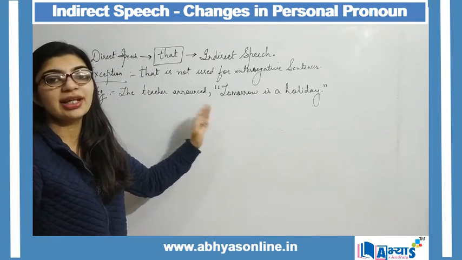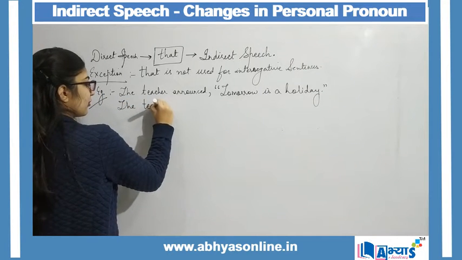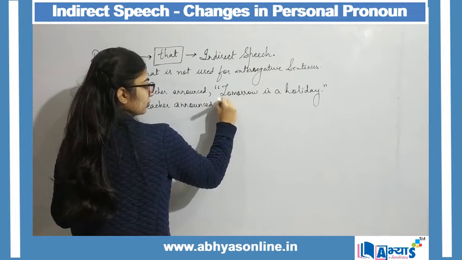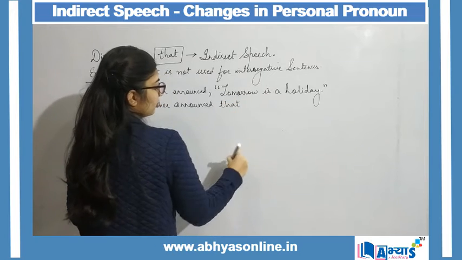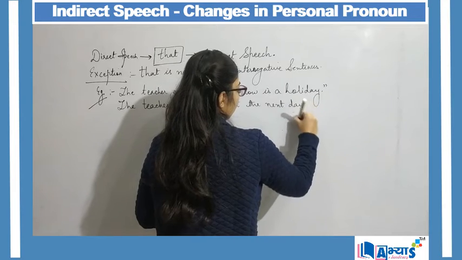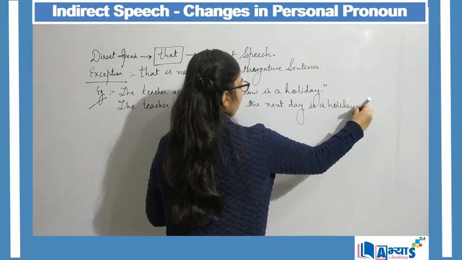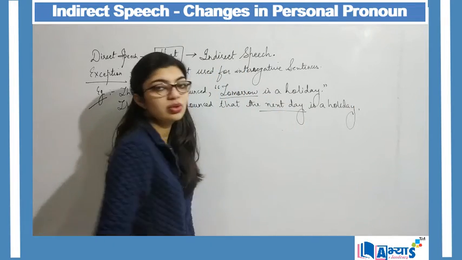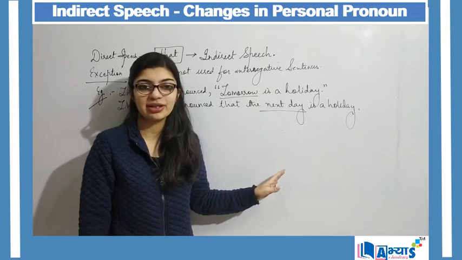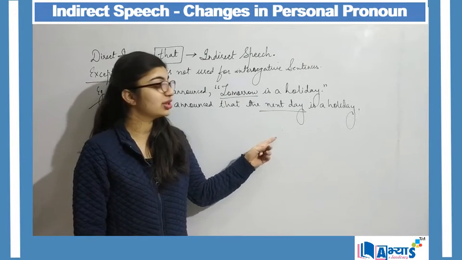This will change in indirect form as, the teacher announced that the next day is a holiday. Because tomorrow changes to the next day. Tomorrow will not remain tomorrow in indirect speech. In indirect form, if it is tomorrow, it will change to the next day.